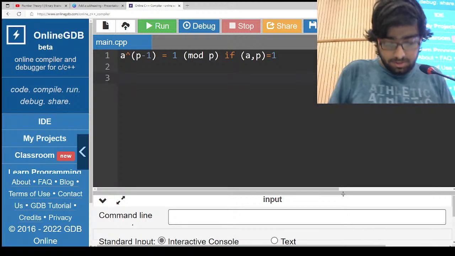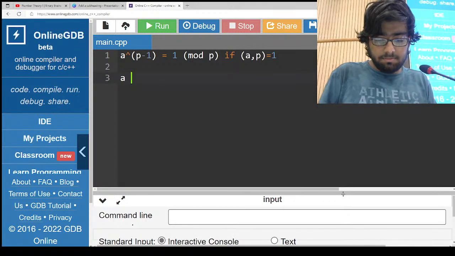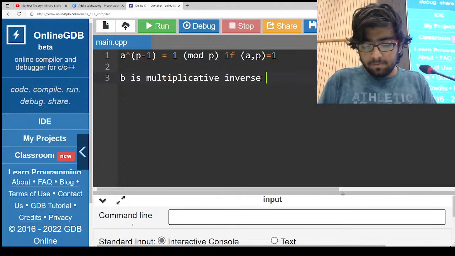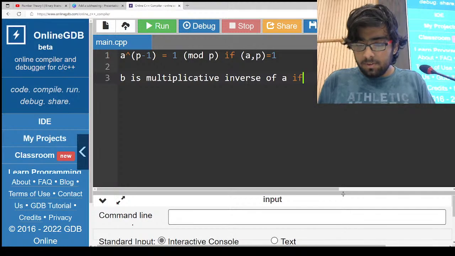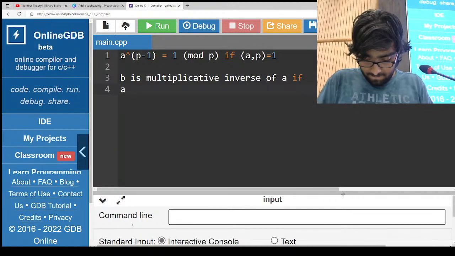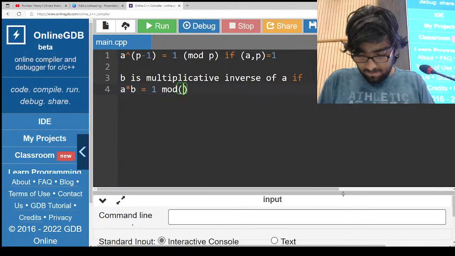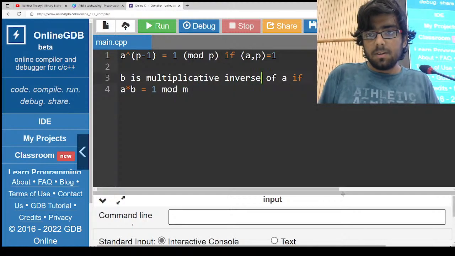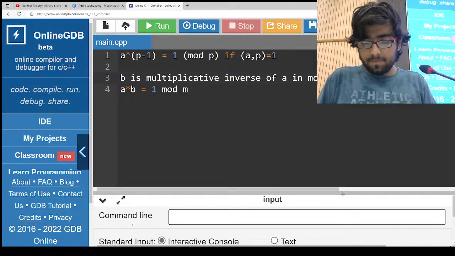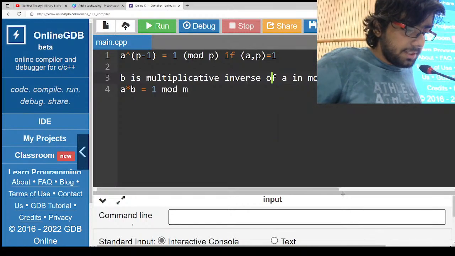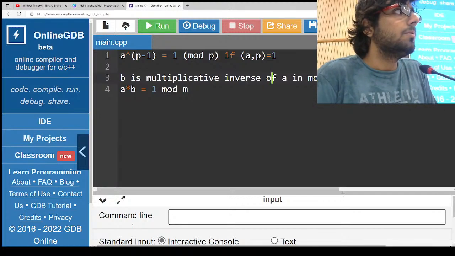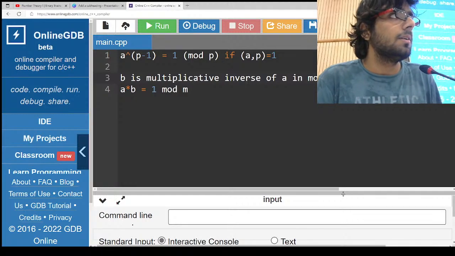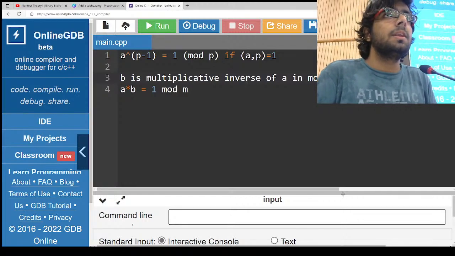So the multiplicative inverse of a number a mod m is defined as the number by which, when we multiply a, the remainder is 1. Basically a into b, if we divide a into b by m, then the remainder should be 1.